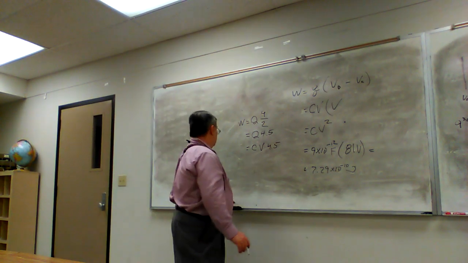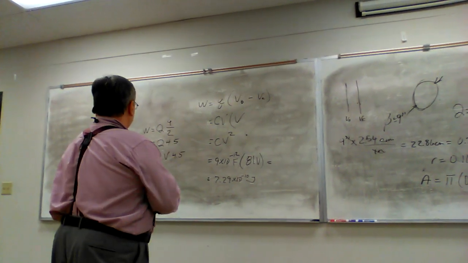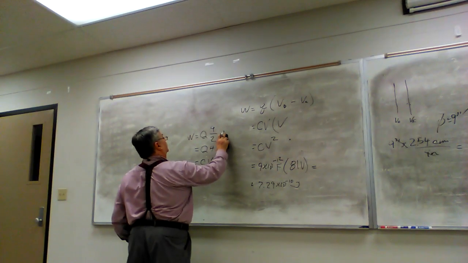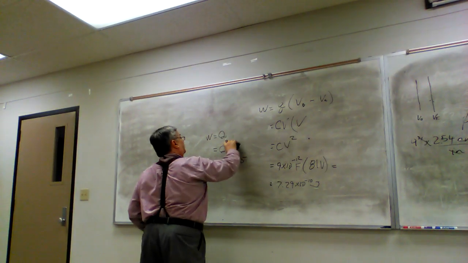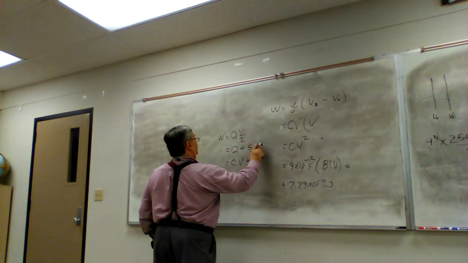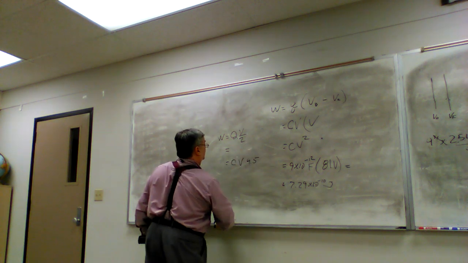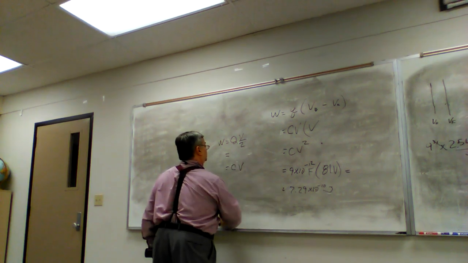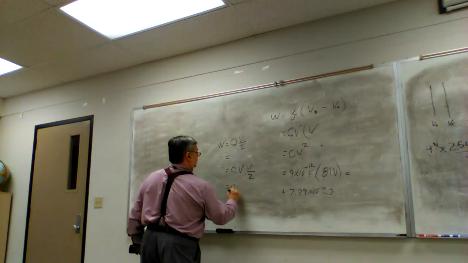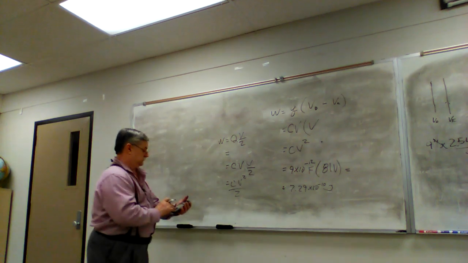So basically, instead of the average voltage, it is V over 2, and Q is C times V, so C times V over 2 is C V squared divided by 2.